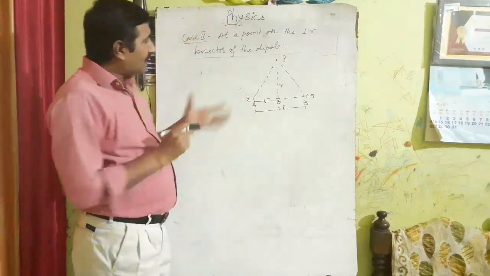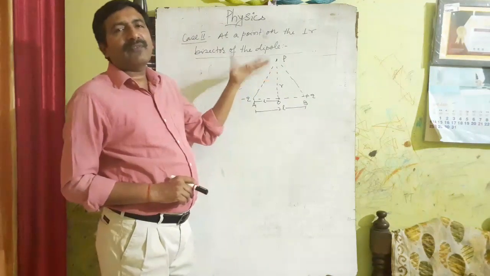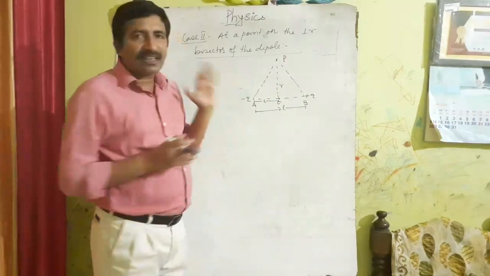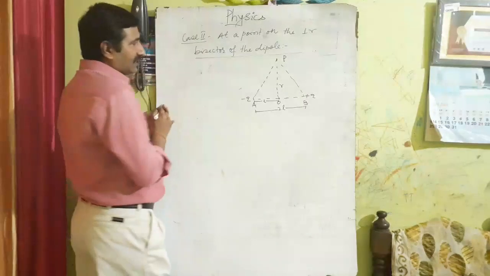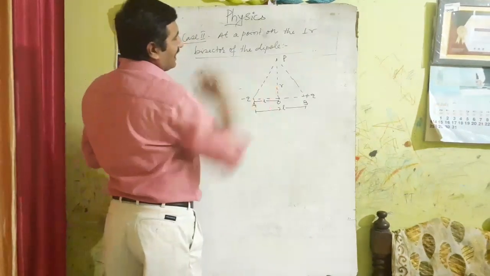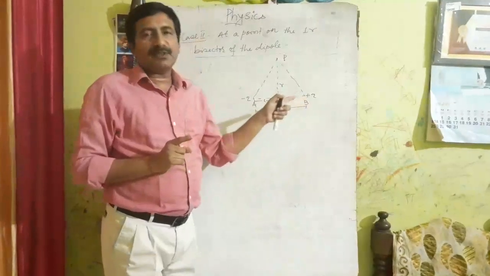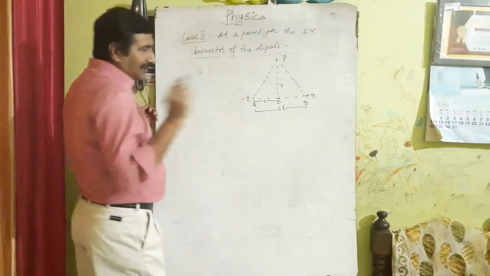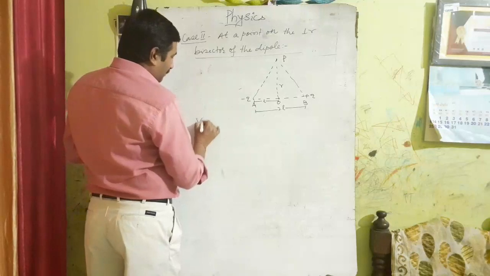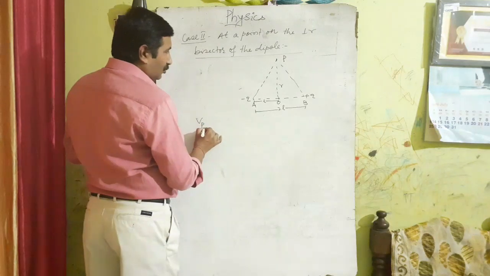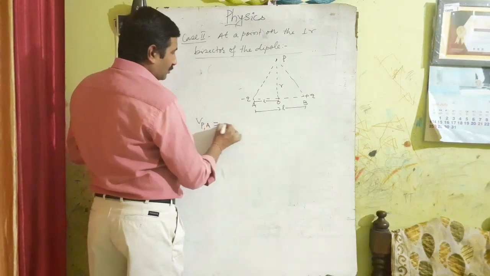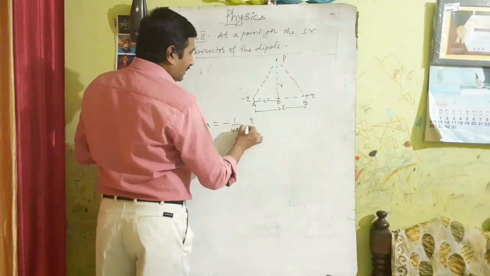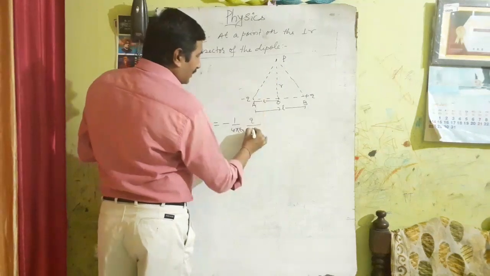Again, it is a scalar quantity, so we will not discuss the sign of arrow or direction. Direction will be there if and only if it is a vector quantity, but this is a scalar quantity. So again, you find the electric potential at P due to these two charges individually and then add them by simple algebraic method. The electric potential at P due to charge minus Q at A is equal to minus 1 by 4 pi epsilon naught Q by AP.